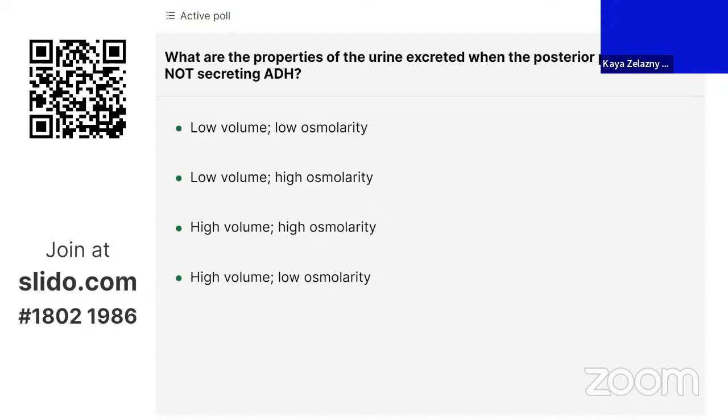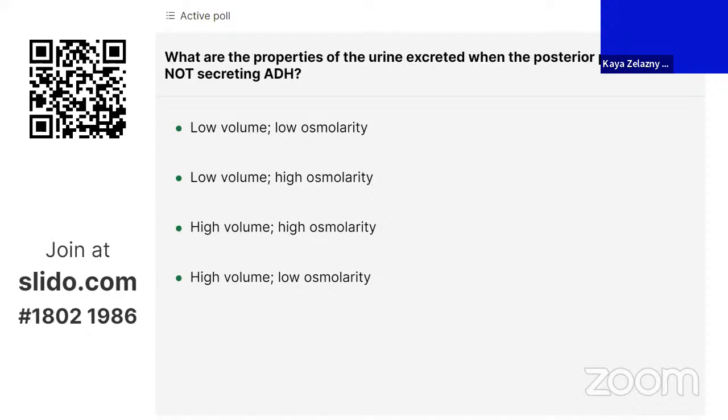So that was the effect on the blood pressure, so the effect on mean arterial pressure. But we might notice what's going on with ADH by measuring urine potentially. So we want to think about, okay, we know we're trying to keep blood volume up.